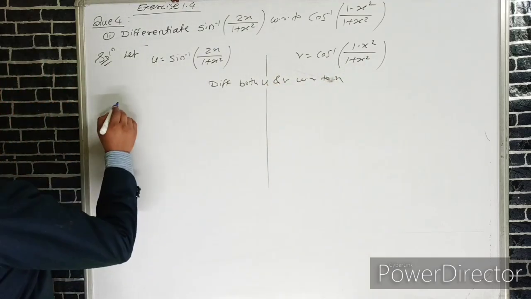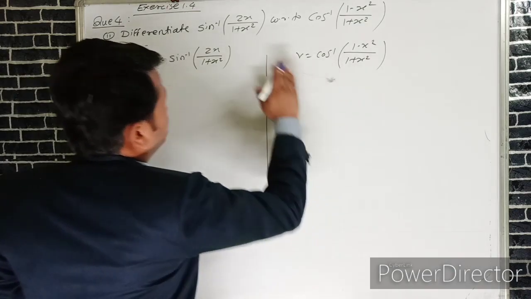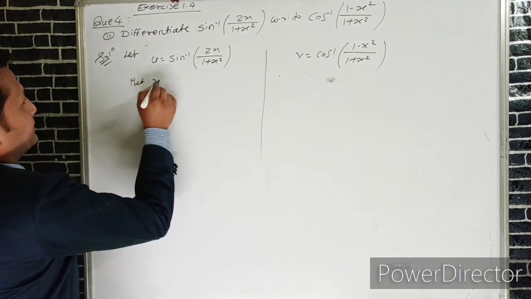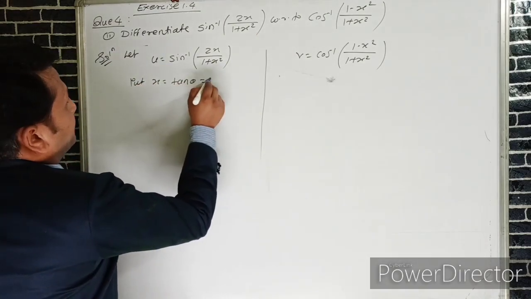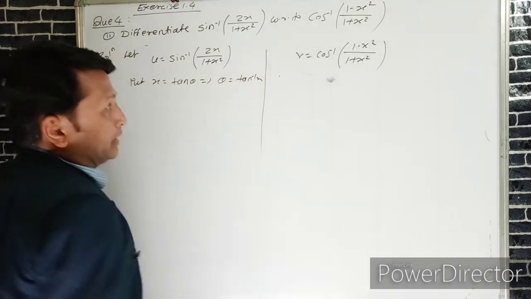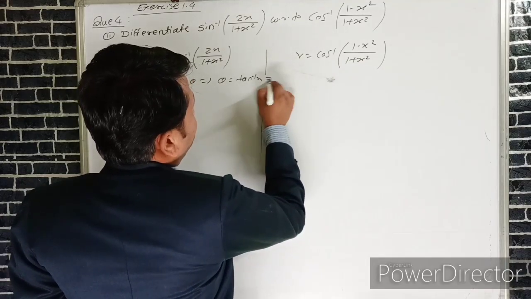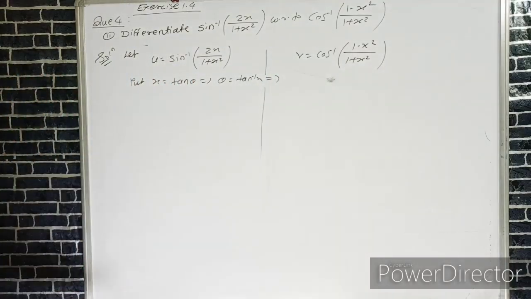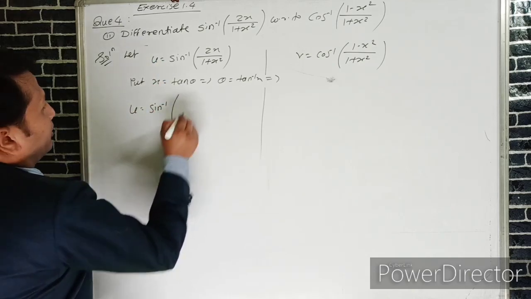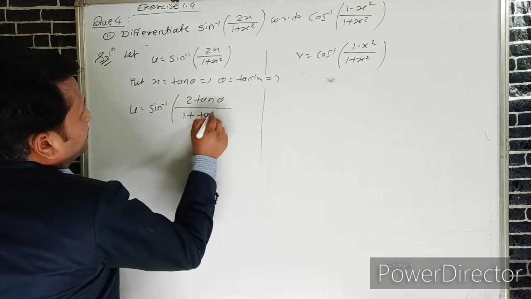First we put x equal to tan theta, which implies theta is equal to tan inverse of x. Similarly here we put x equal to tan theta, theta equal to tan inverse x. We can write u is equal to sin inverse of 2 tan theta upon 1 plus tan square theta.